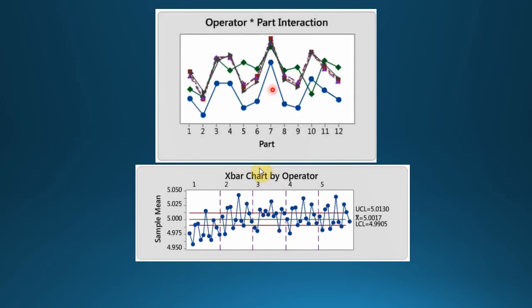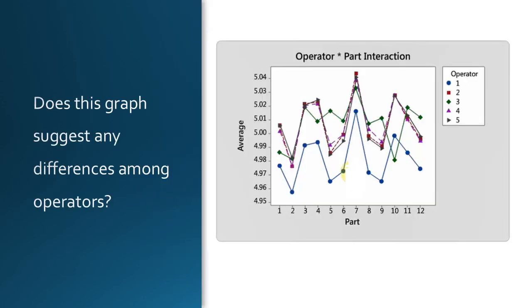The operator by part graph provides a visual representation of operator differences for each part, that is, the amount of reproducibility error. If all of the operators were consistent in their measurements, the lines would overlap. So does this graph suggest any differences among operators?